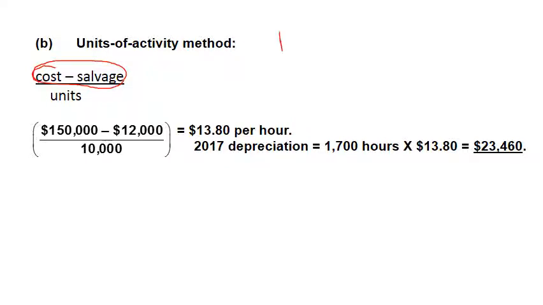If the asset is fully depreciated, at the end of its useful life, the book value, and remember, book value is the cost minus accumulated depreciation. Often I ask you on the test to calculate the book value, and you need to know how to do it. It's cost minus accumulated depreciation.